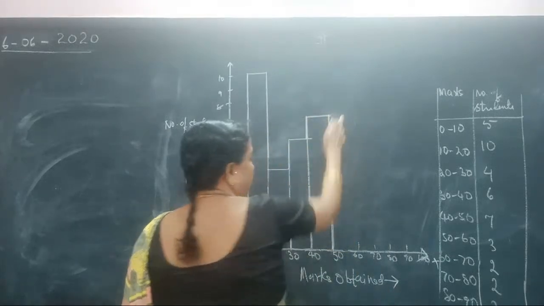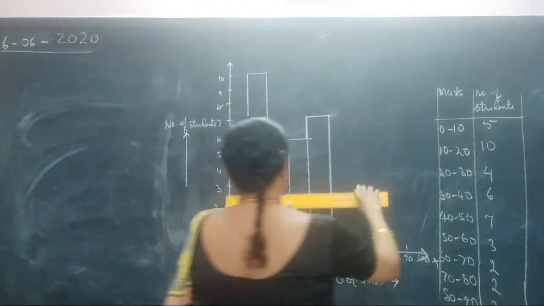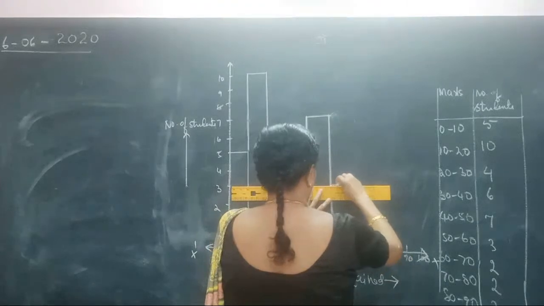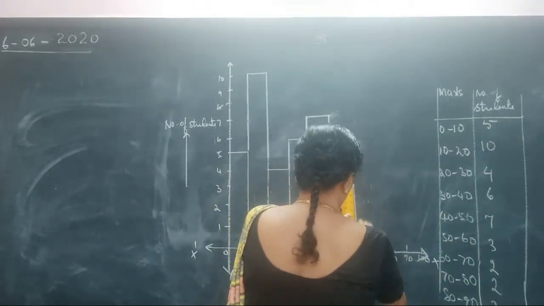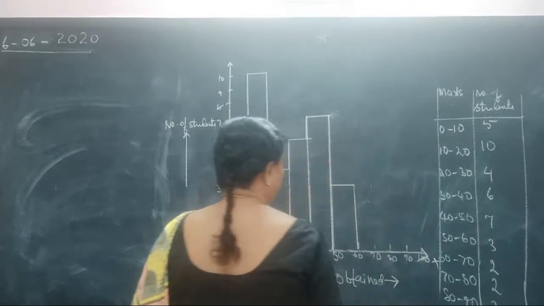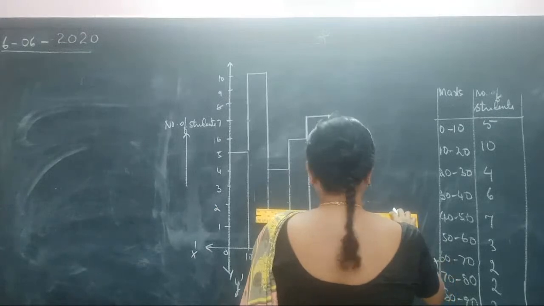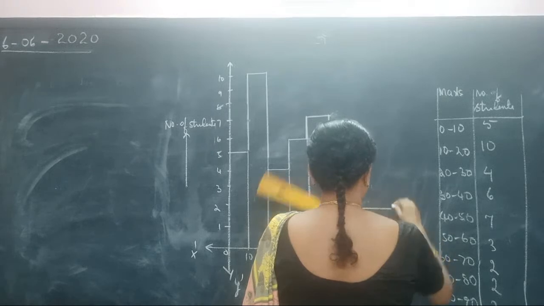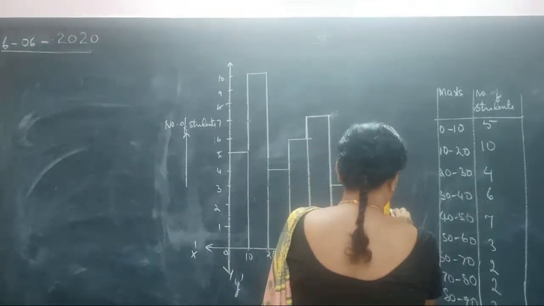Then 50 to 60, it is 3. Then 60 to 70 and 70 to 80, both representing frequency 2, I will take together, then we will do the vertical line like this.